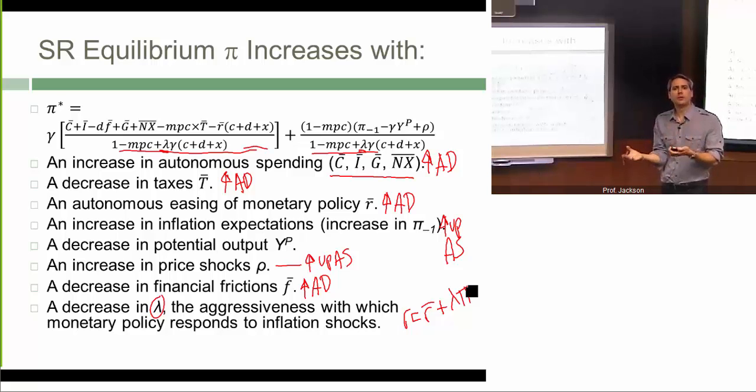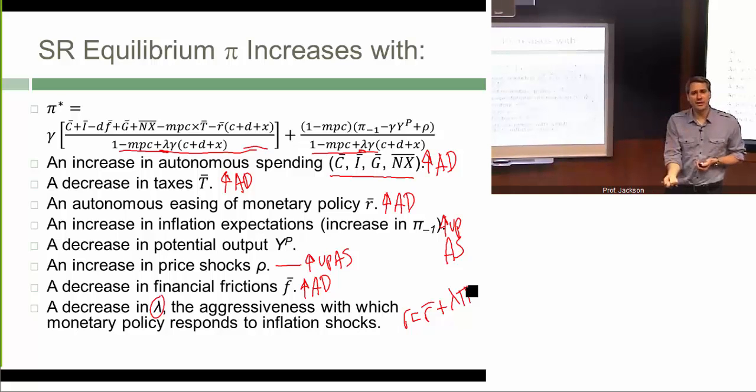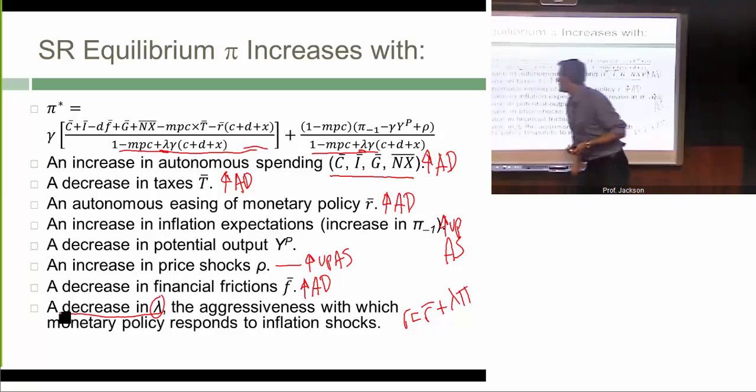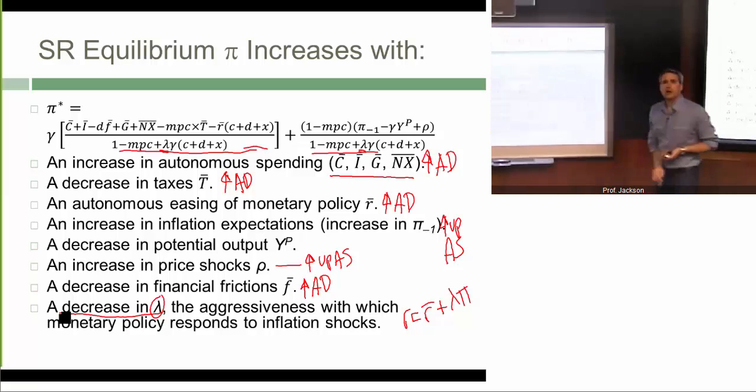A larger lambda means effectively that policymakers are going to be more aggressive in fighting inflation, and a lower lambda means that policymakers are going to be less aggressive in fighting inflation. And so the less aggressive you are at fighting inflation, that is a decrease in lambda, that means that at the end of the day, you're going to have a higher equilibrium level of inflation in the short run.